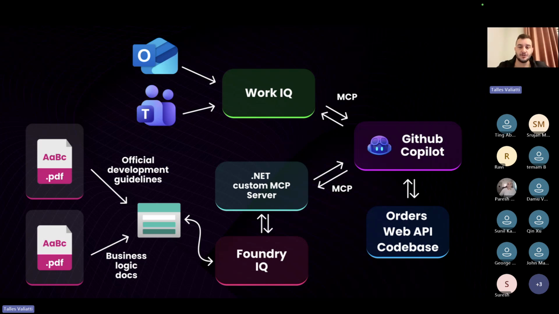GitHub Copilot is going to be connected to two solutions. The first is going to be work queue. The work queue is going to carry data from my personal account, and this data could be Teams messages and emails, for example.